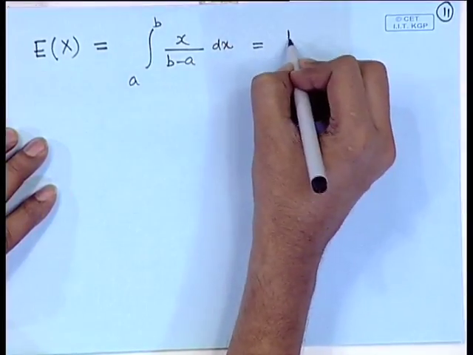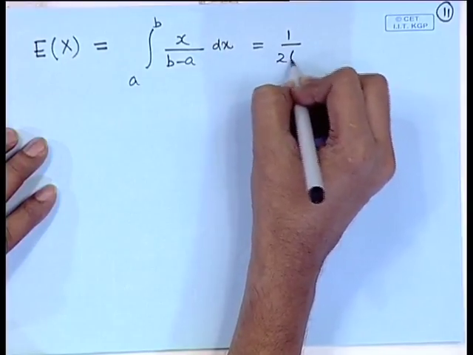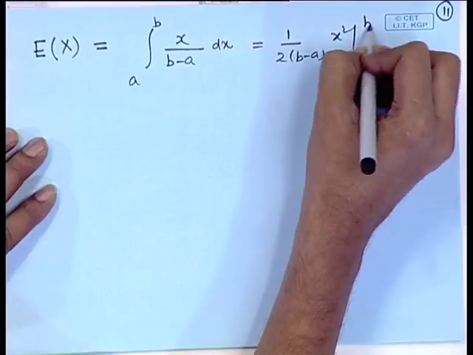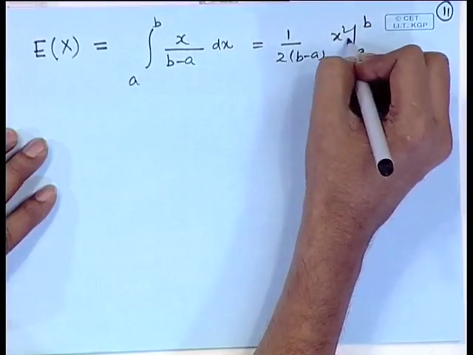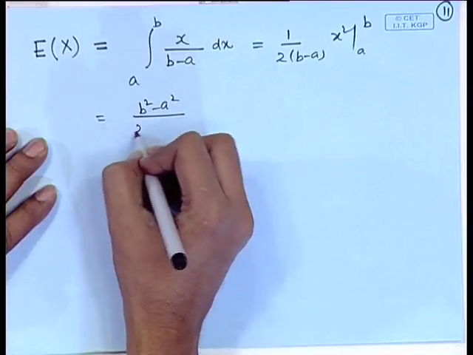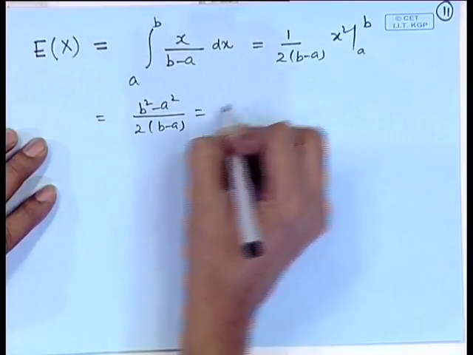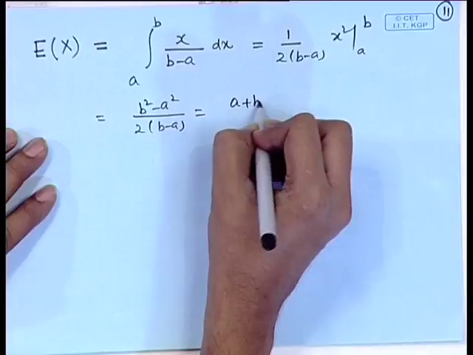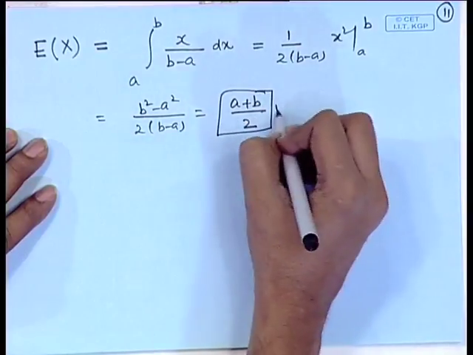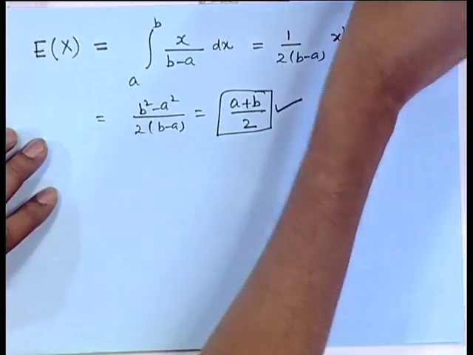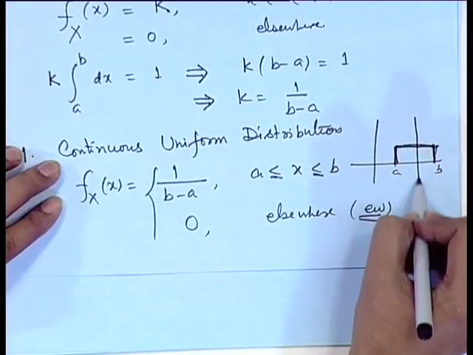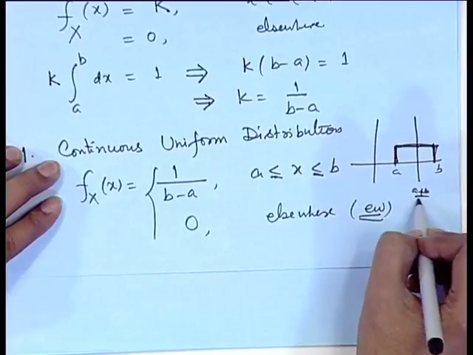So, that is 1 by 2 into b minus a, x square from a to b. That gives us b square minus a square divided by twice b minus a, that is equal to b plus a by 2. You can easily see that it is the midpoint of the distribution, which is understandable because the density is constant and therefore the average value must be the midpoint.